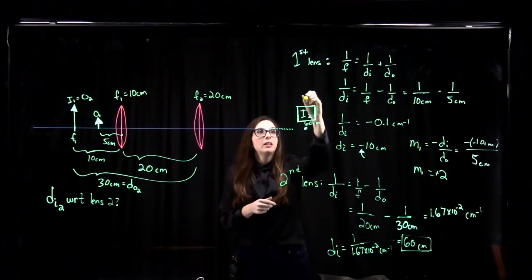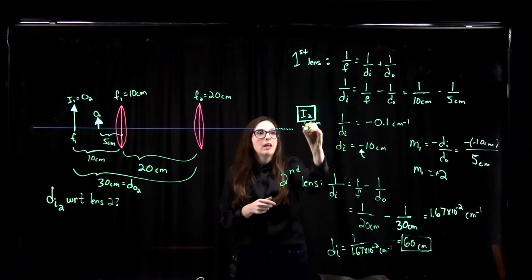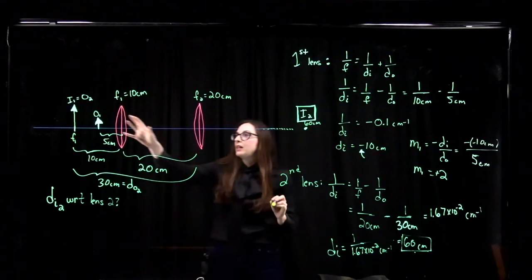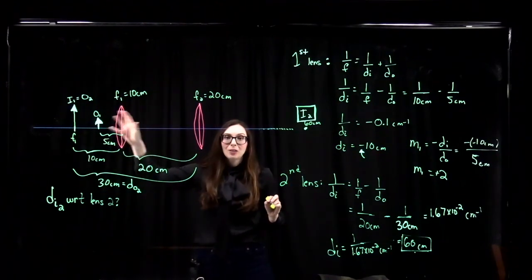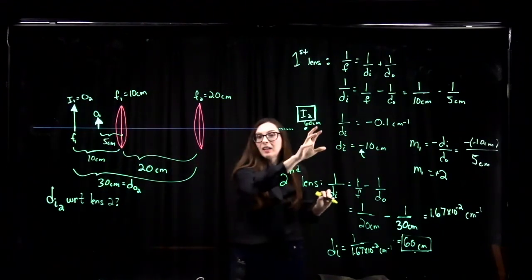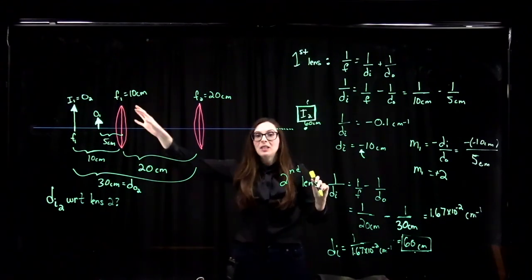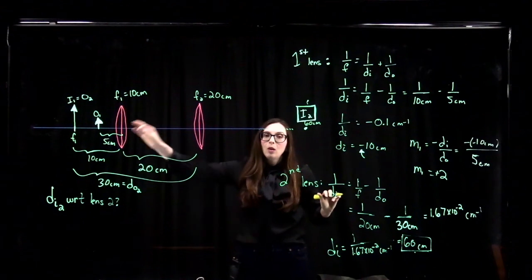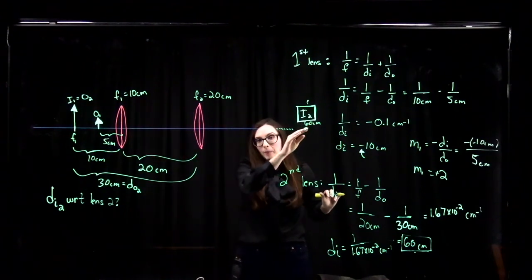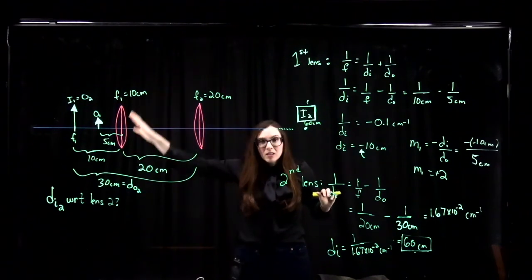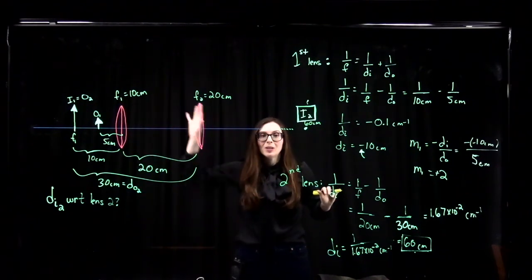We would find the image right here at this distance that we just calculated after passing our object through the first lens and then onto the second lens. Here is where our image would actually appear. We have to do these intermediate steps in between in order to get to where our final image is going to be for this set of our 2-lens experiment.